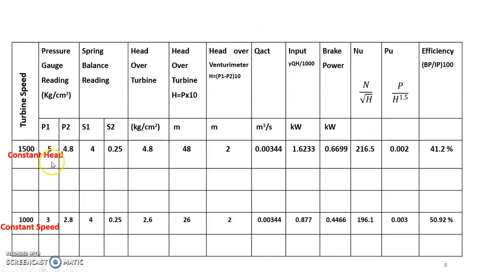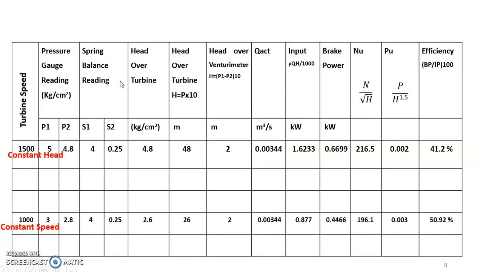There are two phases. One is constant head, and the other one is constant speed. Turbine speed is observed first, that is 1500. Pressure gauge readings, these are related to the venturimeter. So P1 at inlet, P2 at the throat, 5 and 4.8 kg per centimeter square. Now from this we directly calculate H, P1 minus P2 into 10, directly in terms of head. The unit is meters.